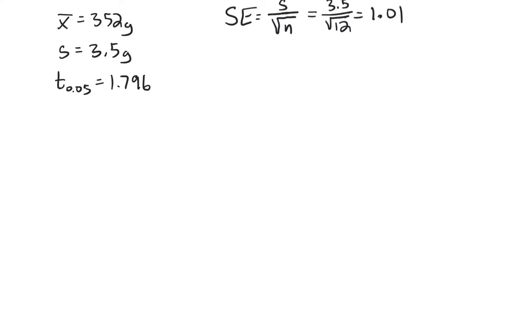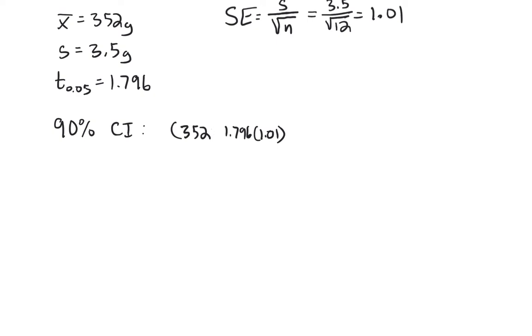So we're great. Our 90% confidence interval, and I'll write this in two ways. The first way is interval notation. It's going to be our mean, 352, plus or minus, I'll make a little more room here, 1.796 times our standard error, 1.01.